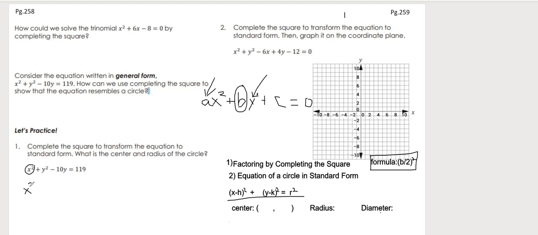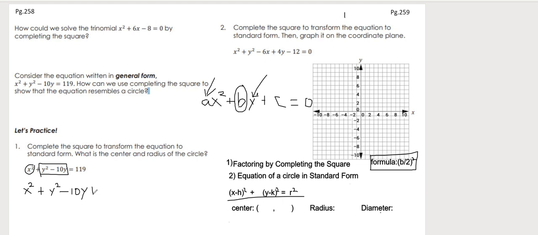So that's going to be x squared. And then now notice the y, I have y squared minus 10y. So in this case, I am going to go ahead and write down plus y squared minus 10y. And notice the y's have to go together, so the y squared and the y.